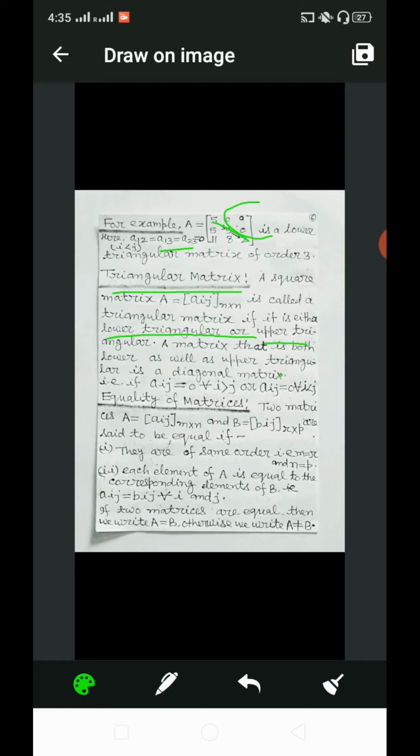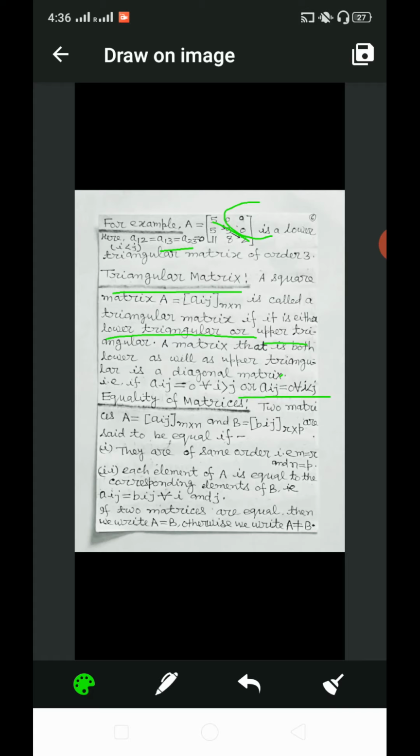Here if Aij is equal to 0 for all i greater than j, or Aij is equal to 0 for all i less than j, if any one of these two conditions is fulfilled, it is called a triangular matrix.